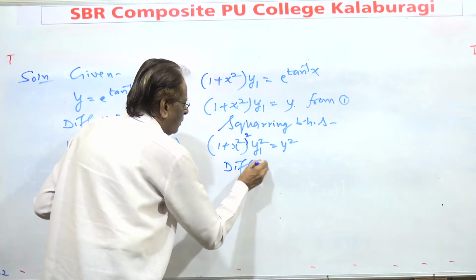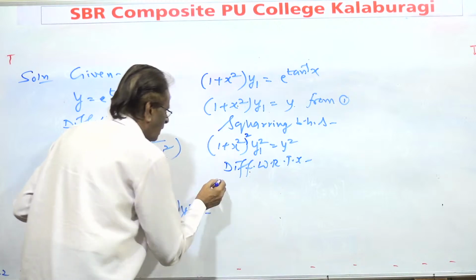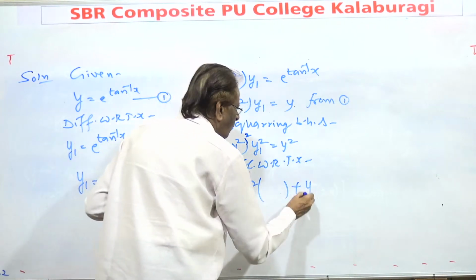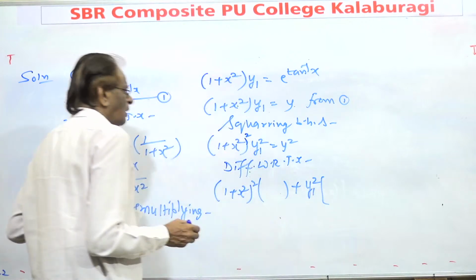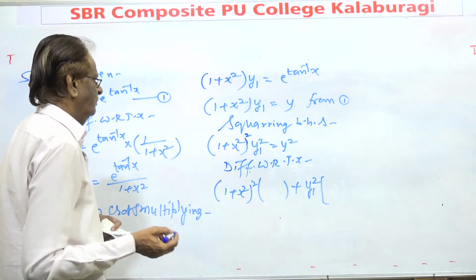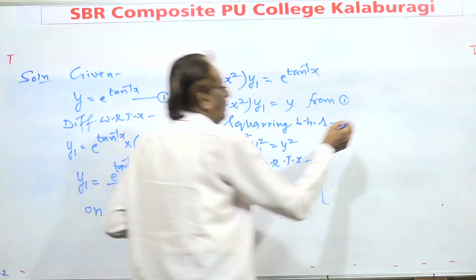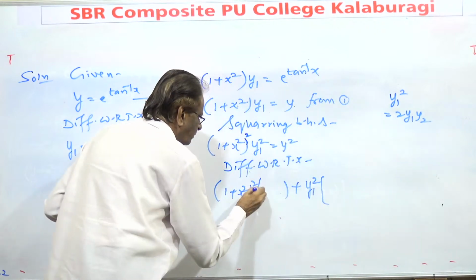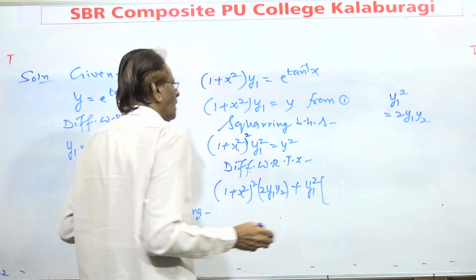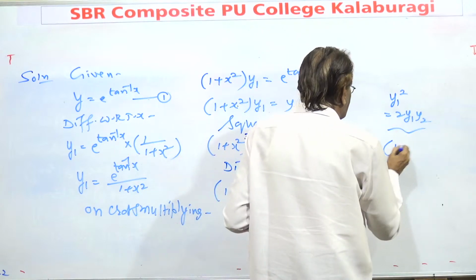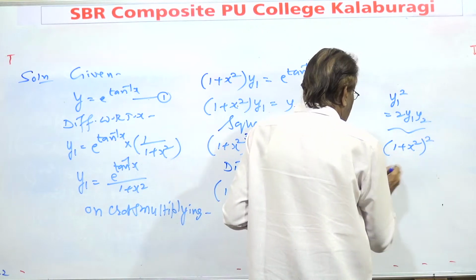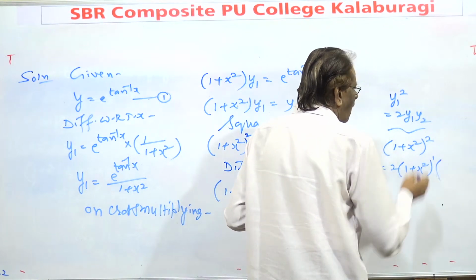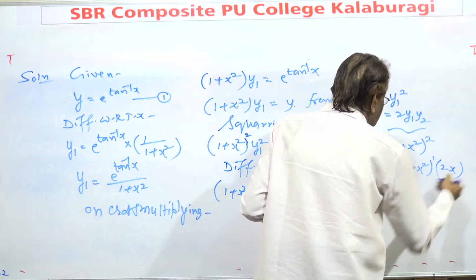Differentiating with respect to x. 1 plus x squared whole squared as it is, differentiate y1 squared. y1 squared as it is, differentiate 1 plus x squared whole squared. Differentiation of y1 squared is 2y1, y1 differentiation y2. Now differentiate 1 plus x squared whole squared. If you differentiate power, bracket power minus 1, after power differentiate bracket 2x.